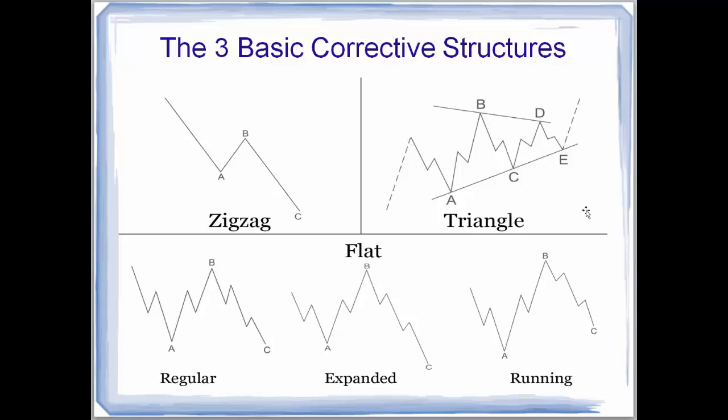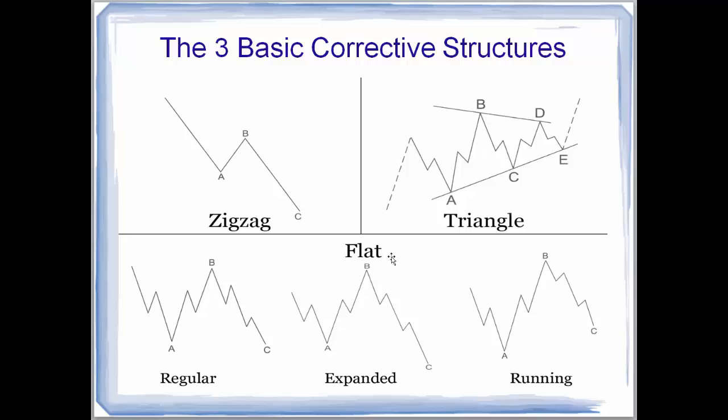Another aspect of triangles is that almost always the line connecting B and D will be headed one direction, and the AC line will be sloping in the opposite direction. You can't call something a triangle if both of these lines are both sloping to the upside or both are sloping to the downside. That's called a diagonal. This is a triangle. It's different.